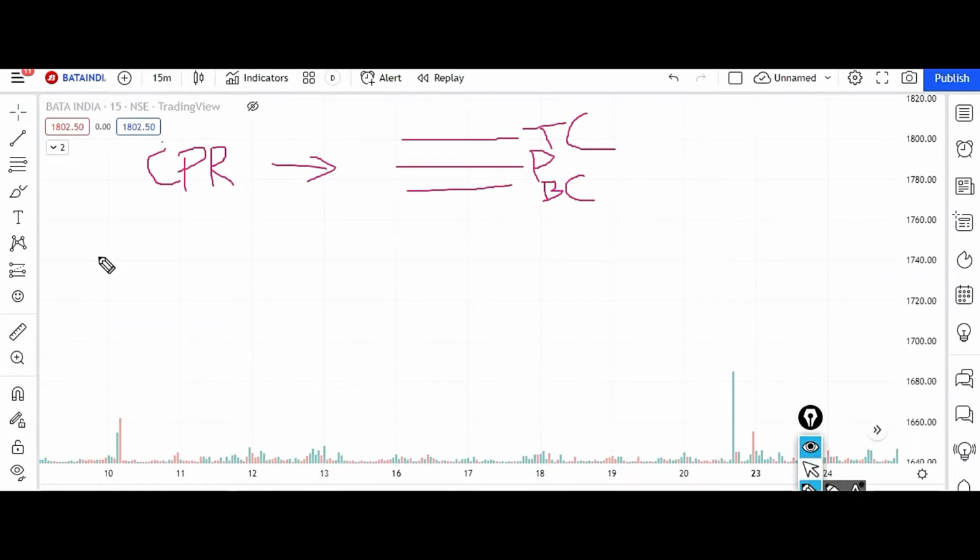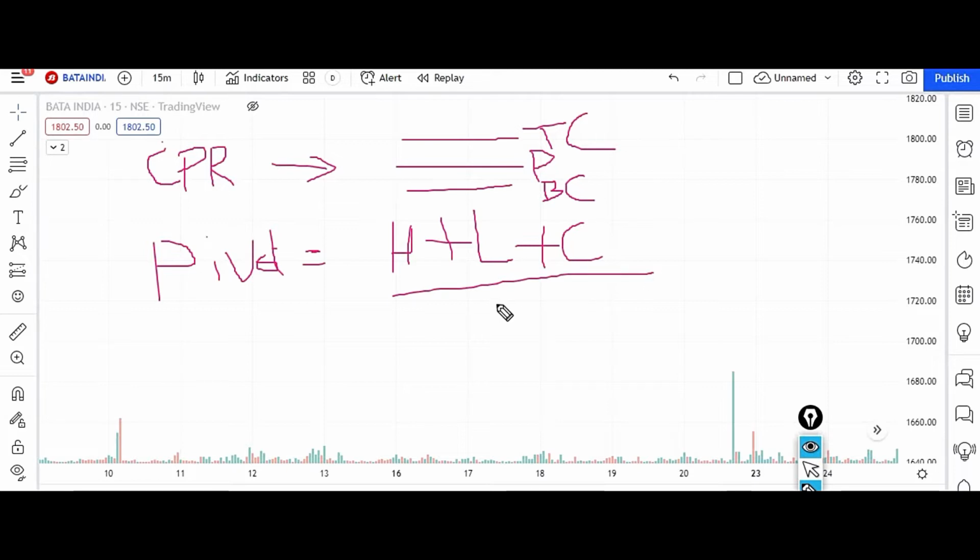Pivot is derived as high plus low plus close of the previous day, for the next day. This is the pivot for the next day.